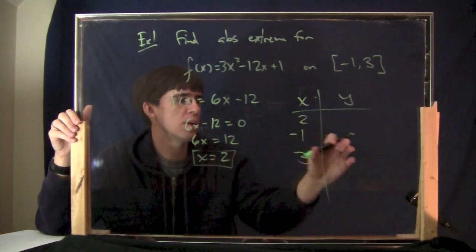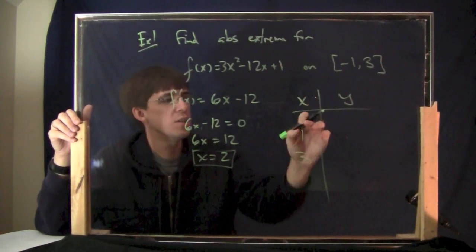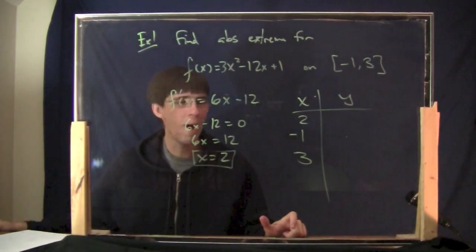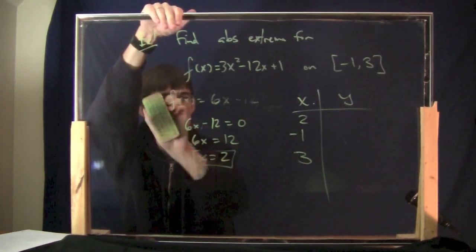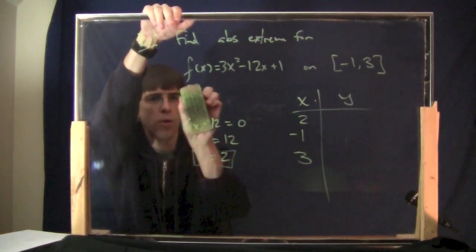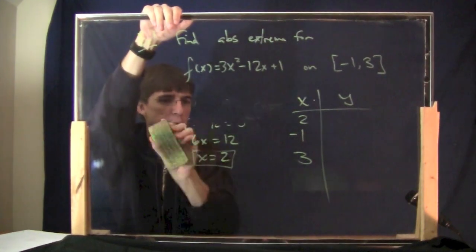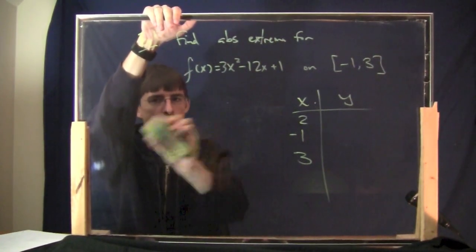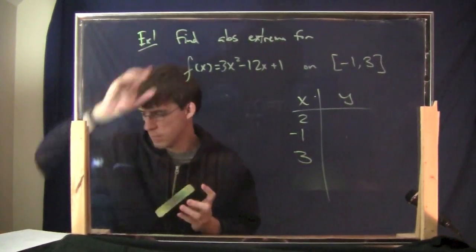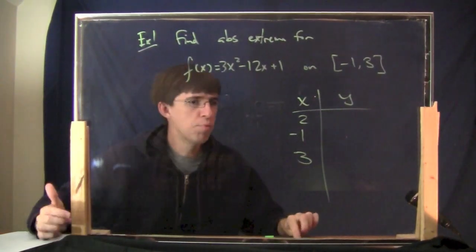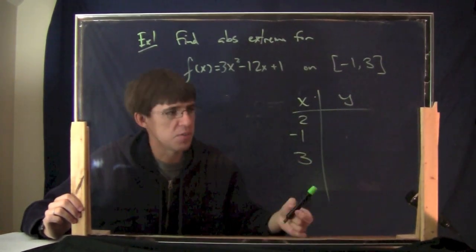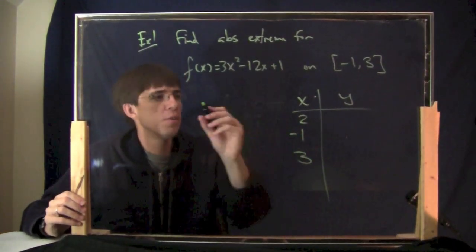So I'm going to need to plug each of these points into the original function to find their y values. You can do this on a calculator, or you can do it by hand. This one is not too hard to do by hand. Let's just do it. Pro tip, don't plug it into the derivative, because you will get wrong answers. You have to plug it into the original function.